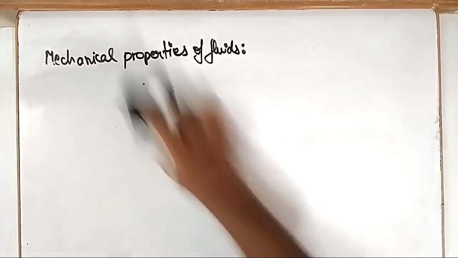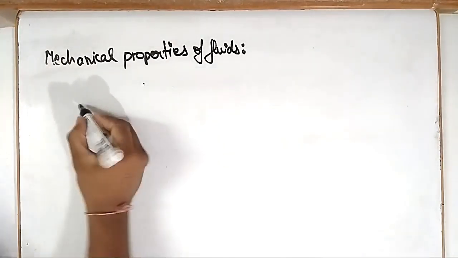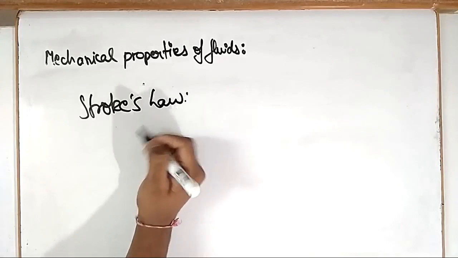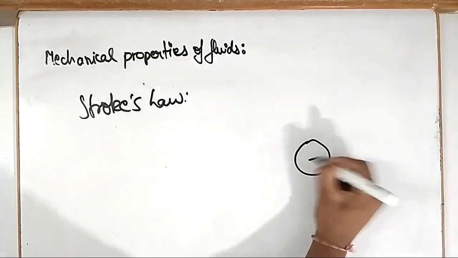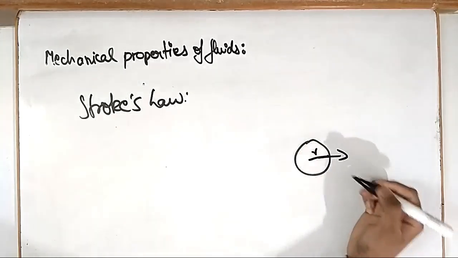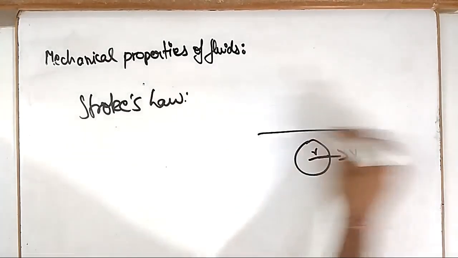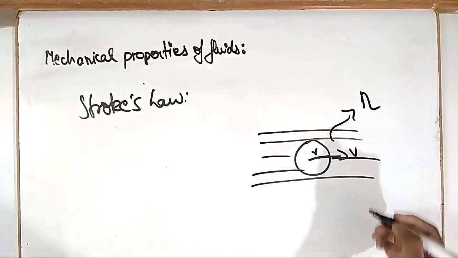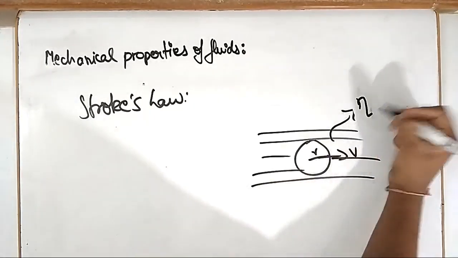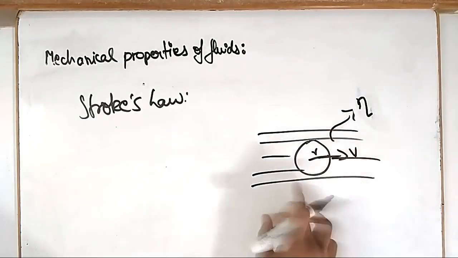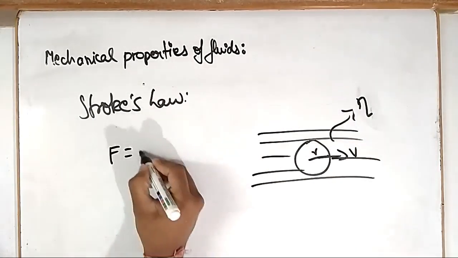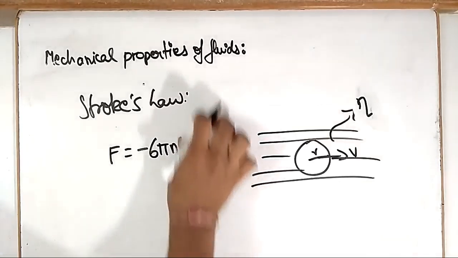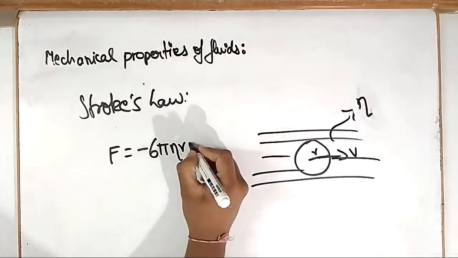Moving on, the Stokes law. According to Stokes' law, if a sphere of radius r is moving with the velocity v in some fluid of viscosity nu, then the force acting on the sphere F is equal to minus 6 pi nu r v.